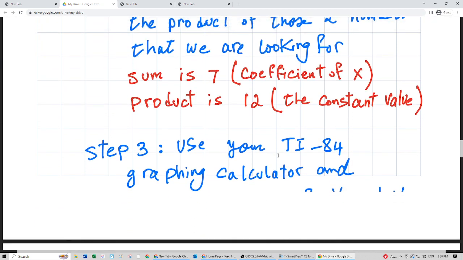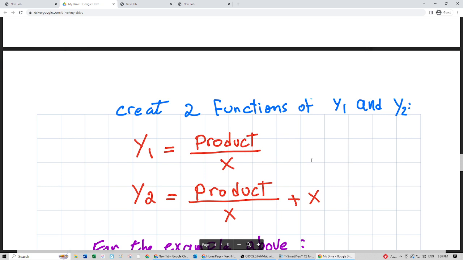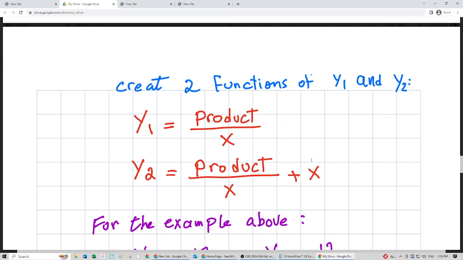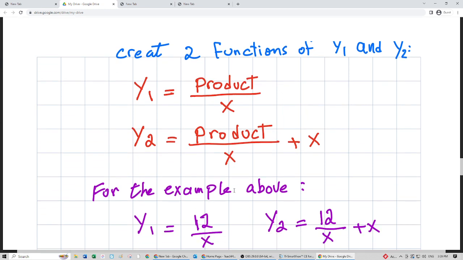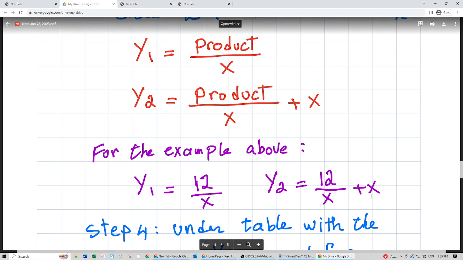So I'm going to use a TI-84 graphing calculator and I'm going to create 2 functions, y sub 1 and y sub 2. Y sub 1 is always the product divided by x. Y sub 2 is the product divided by x plus x. For the example above, y sub 1 is 12 over x, y sub 2 is 12 over x plus x.